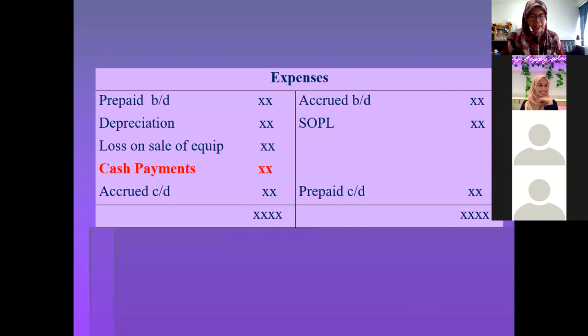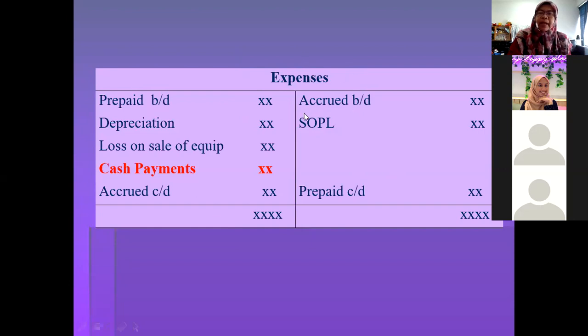Okay, next one. So tadi dah dapat dah cash payment to suppliers. Okay, next, cash payments for the expenses. So cash payments for the expenses ni you have to be careful. Dekat dalam topik incomplete records kot, yang madam cakap prepaid and accrued into the expenses.